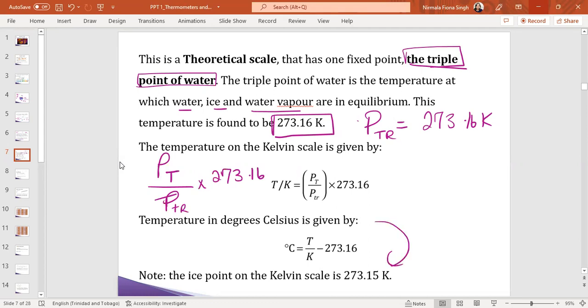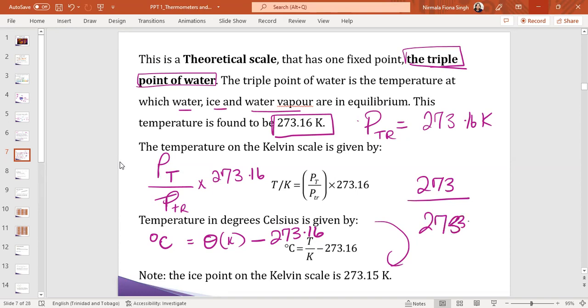You all should notice the temperature in degrees Celsius is given by, let's write this down in a not so confusing manner, your temperature in Kelvin minus 273.16. Remember at Form 5, we said that it was just 273. We use 273.16.